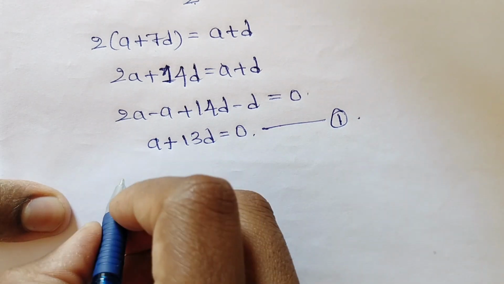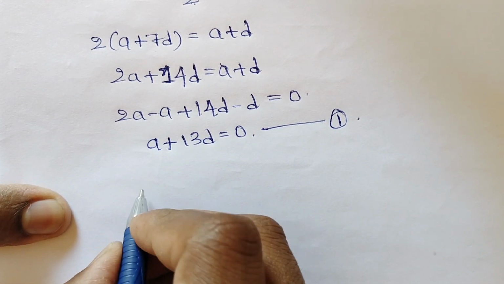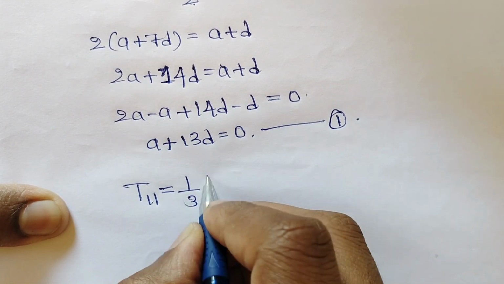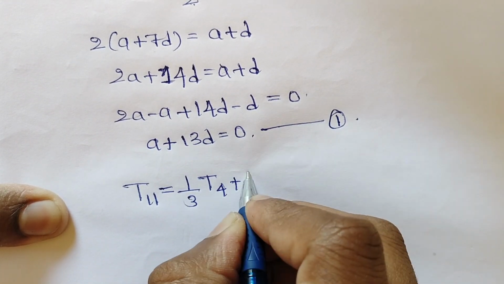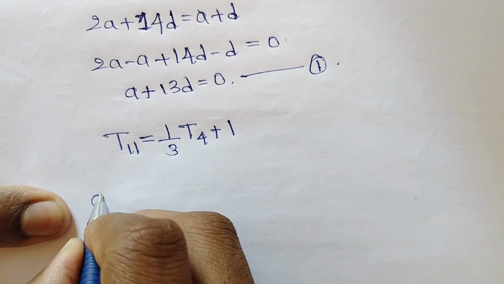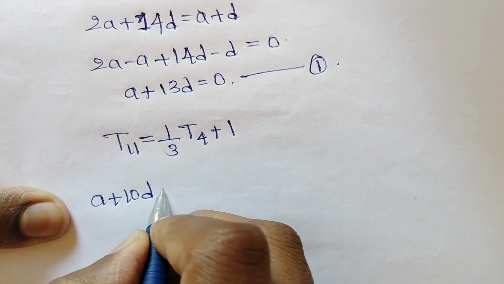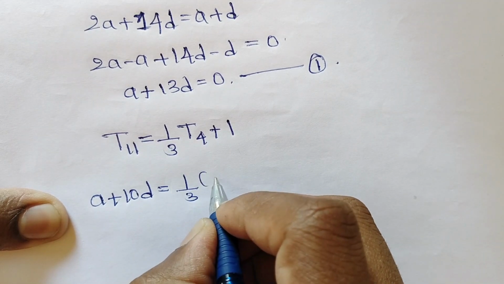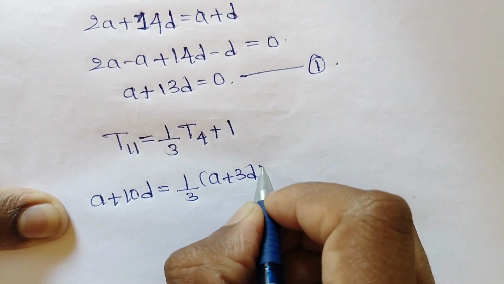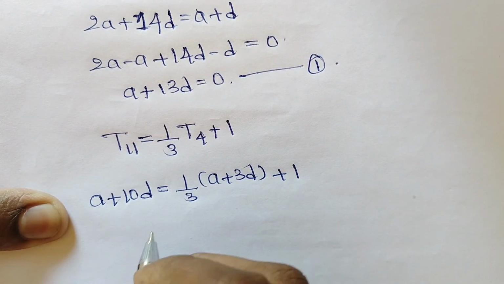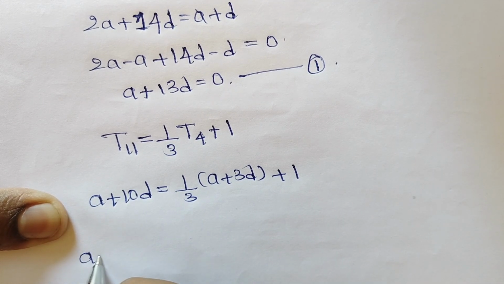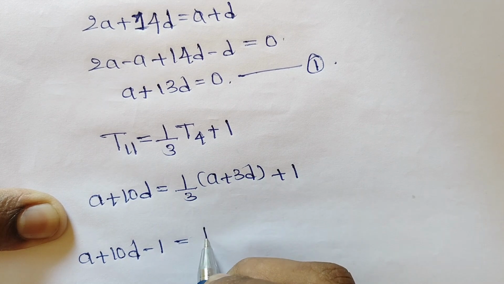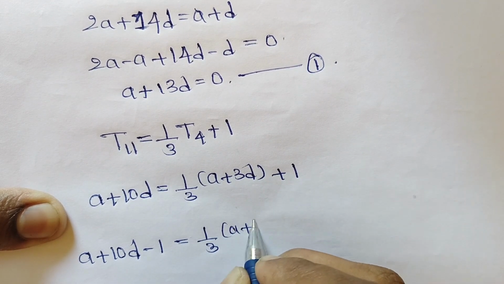Also it is given that the 11th term is 1/3 of the 4th term plus 1. Therefore the 11th term is a plus 10d, and the 4th term is a plus 3d. So a plus 10d minus 1 equals 1/3 (a plus 3d).